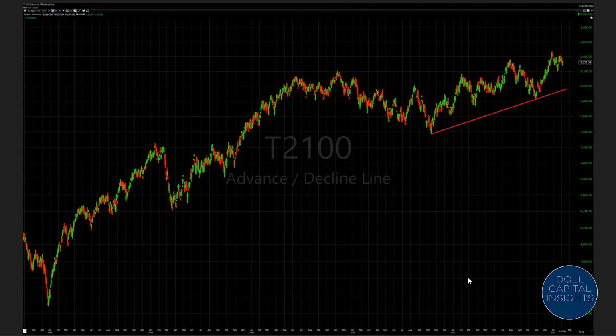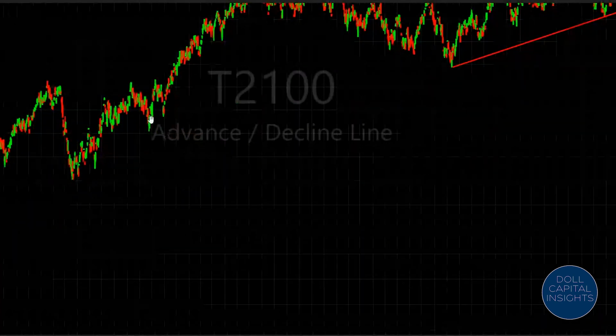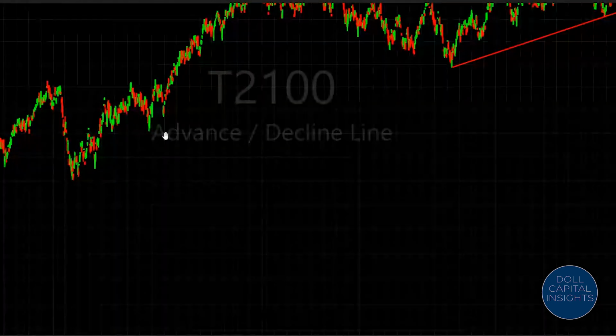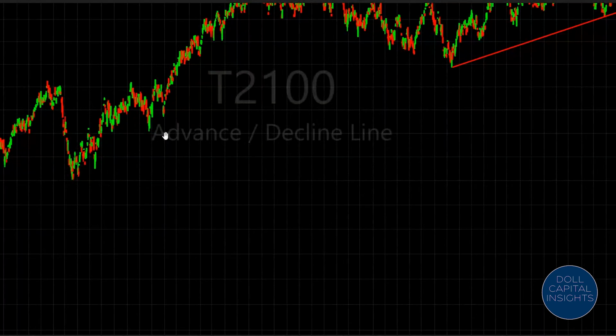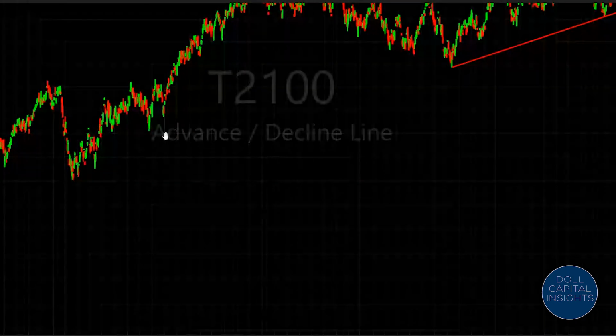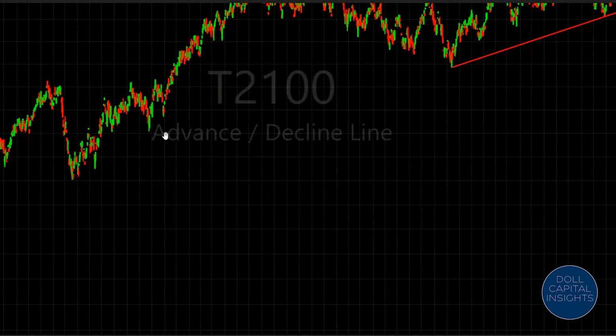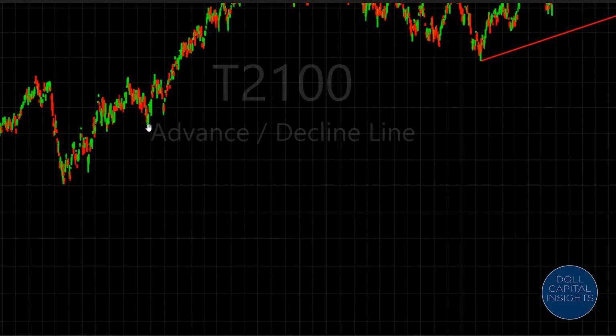This is a chart of the breadth of the NYSE composite. It looks kind of like the NYSE composite. However, each one of these lines is a day. This is the daily chart. It's not the price of the index. It's the advance-decline line. So this green line here, we know that was an up day. There were more advancers than decliners.